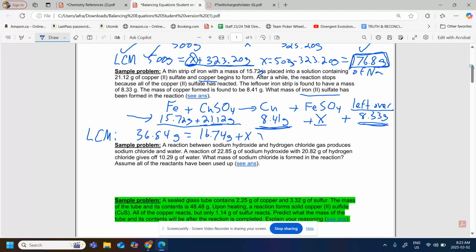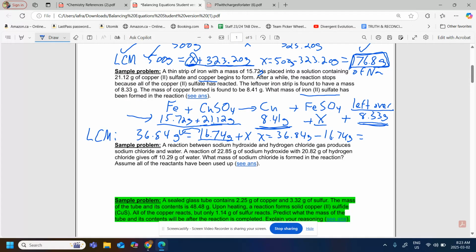So to find x, we're simply going to do 36.84 grams minus 16.74 grams, right? Because you're isolating for x, you're just removing 16.74 from both sides, or you might say sending 16.74 to the opposite side of the equation, which makes it negative.